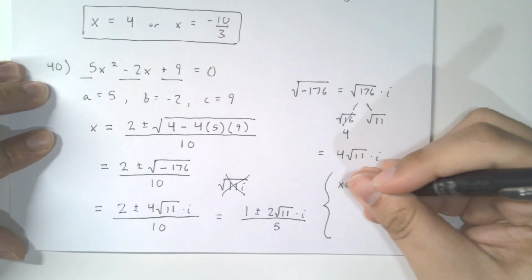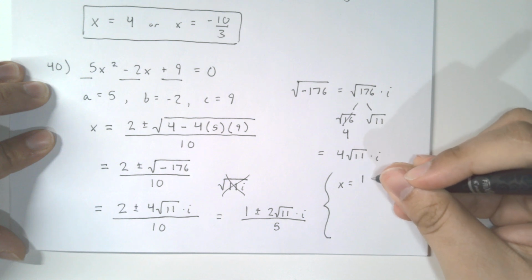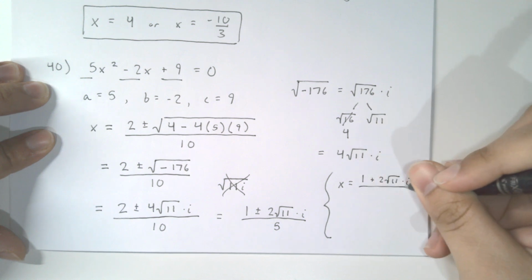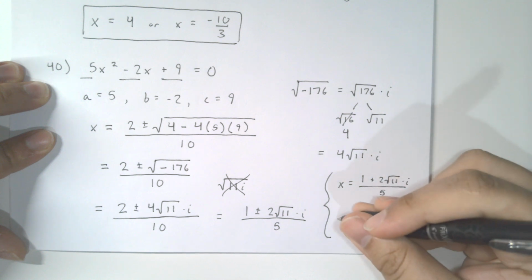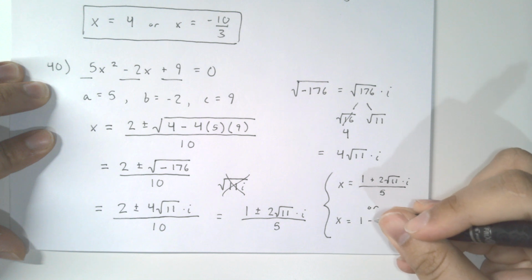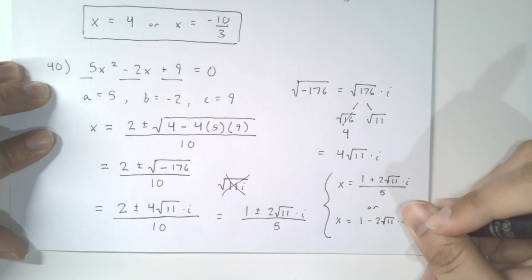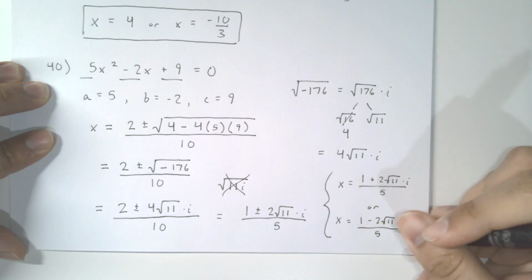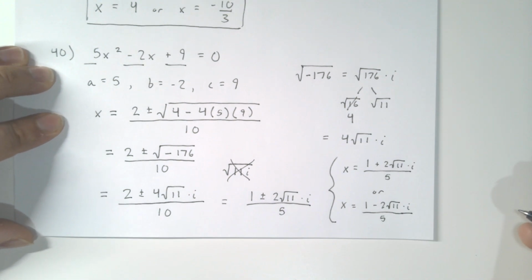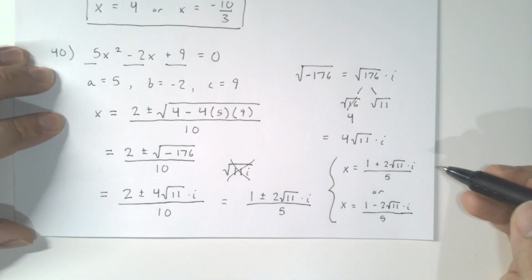We do have that x is equal to 1 plus 2 square root of 11 times i over 5, and x is equal to 1 minus 2 square root of 11 times i over 5. It's just, this doesn't really add to our understanding of our solutions.